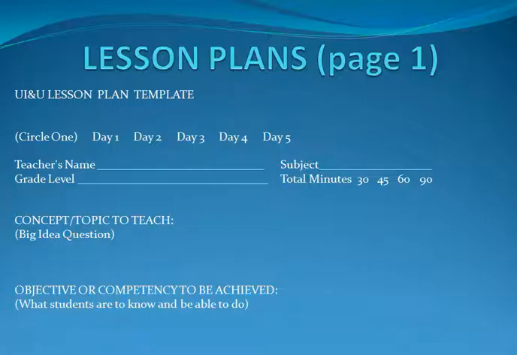In the case of the Florida Standards, that is the very first thing that was listed in blue, the strands. So you're going to list the strand as your objective. The second thing down there is called objective or competency to be achieved, what the students are to know and be able to do. Those will be the cluster.